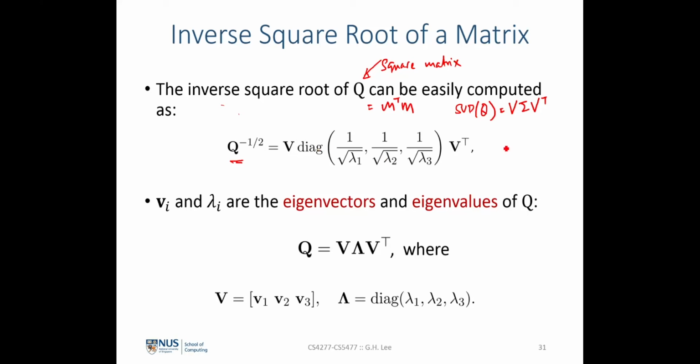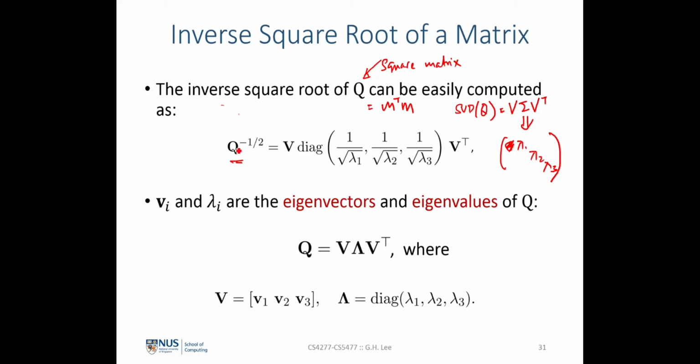And here, sigma over here would be given by, following this notation, lambda 1, lambda 2, and lambda 3. Because it's a 3 by 3 matrix, there's three singular values over here.